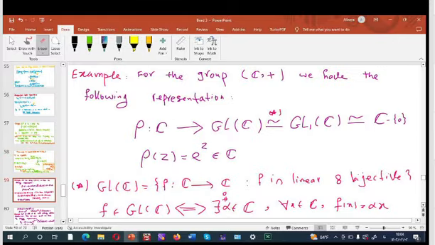And finally this example. Okay, let me continue in the next session.